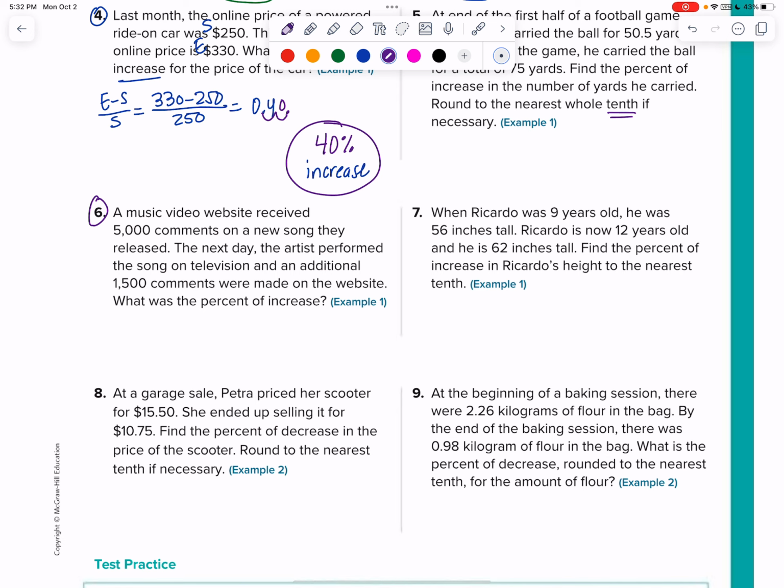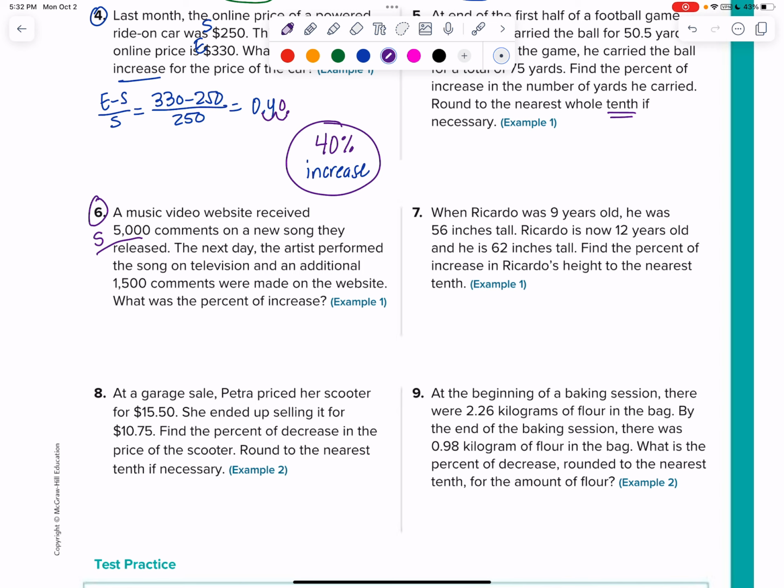Okay, so the start was 5,000 comments. Okay, and then there were an additional 1,500 comments made on the website. Okay, so really, this one, since we gained 1,500 comments, let's go ahead and see what that increase in comments was. So one of the things that you need to realize with this is the additional 1,500 comments.